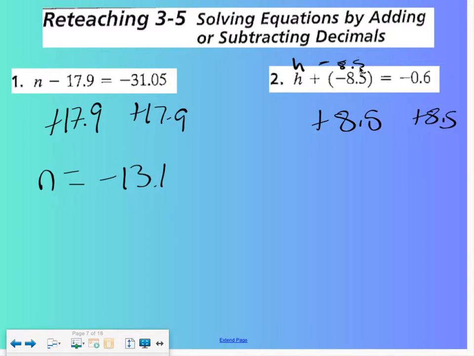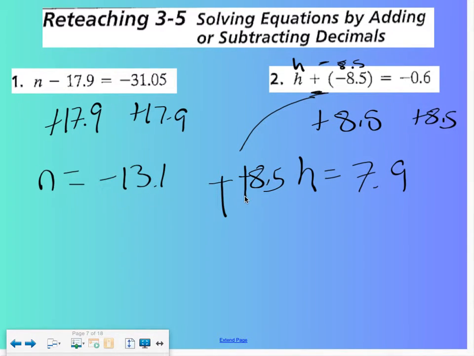Adding 8.5 to both sides, we get that h equals 7.9. If you wanted to, you could have undone this adding operation by subtracting negative 8.5, which is the same thing as adding 8.5, which is what we did. Moving on.